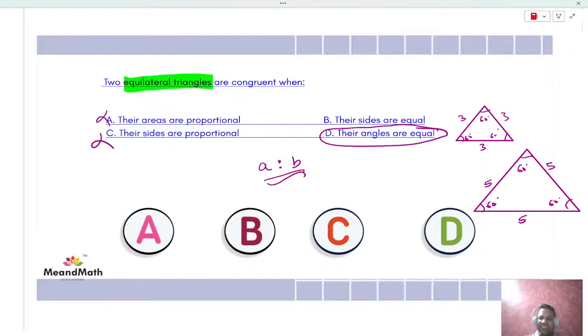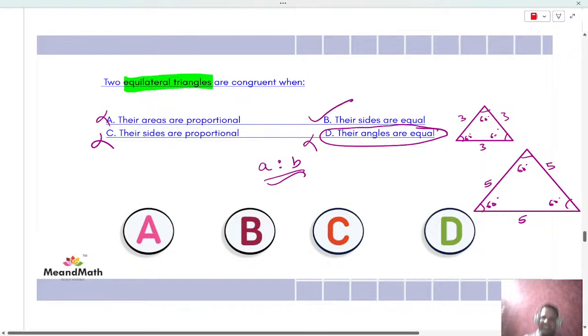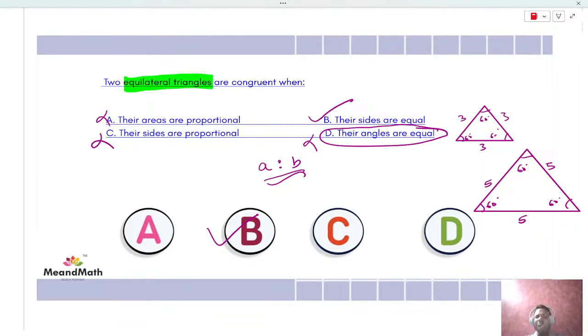The D option is wrong. Yes, B is the correct one. Sides are equal. If sides are equal, then triangles are congruent, because in an equilateral triangle, always all three sides are equal. Angles are equal means all is equal. So triangle is congruent.